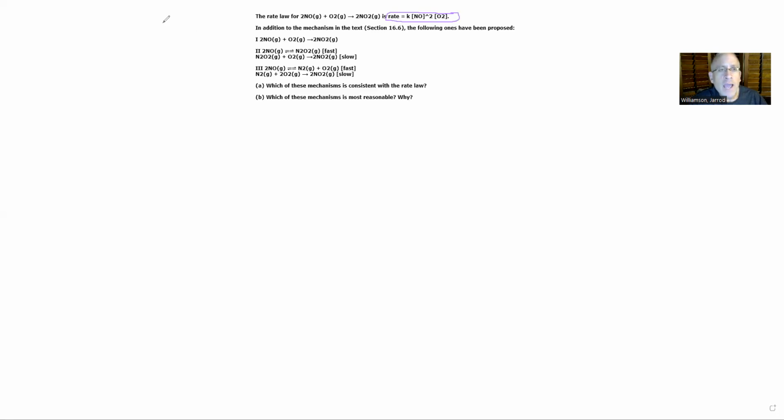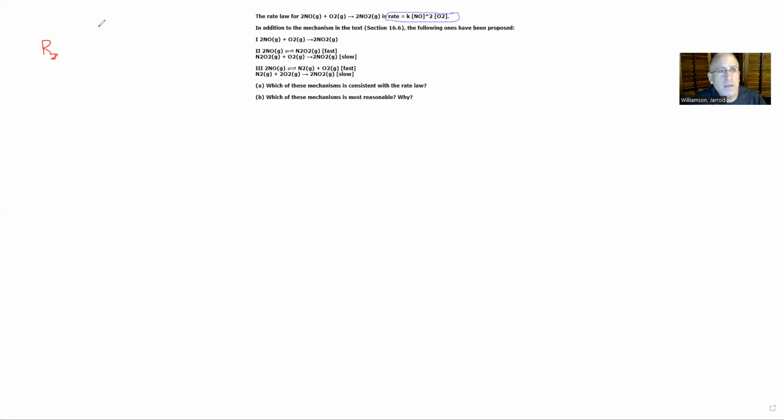So let's take a look at the rate law that we get from this elementary step, from mechanism 1.